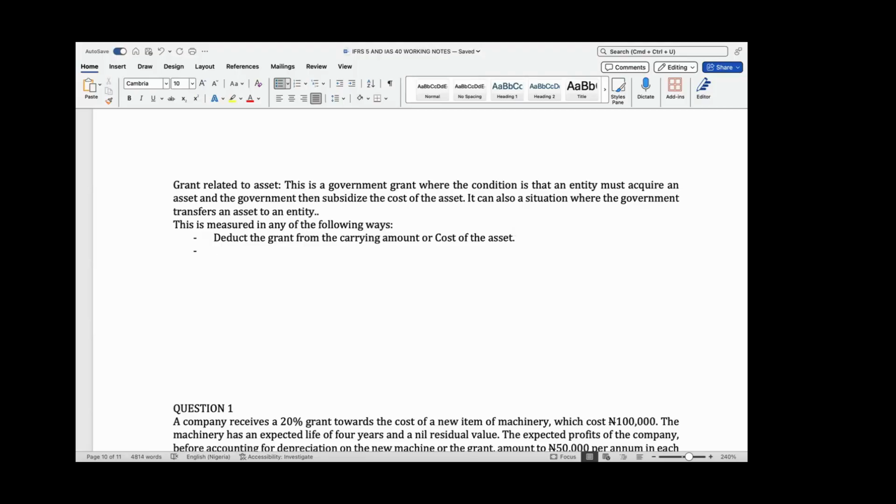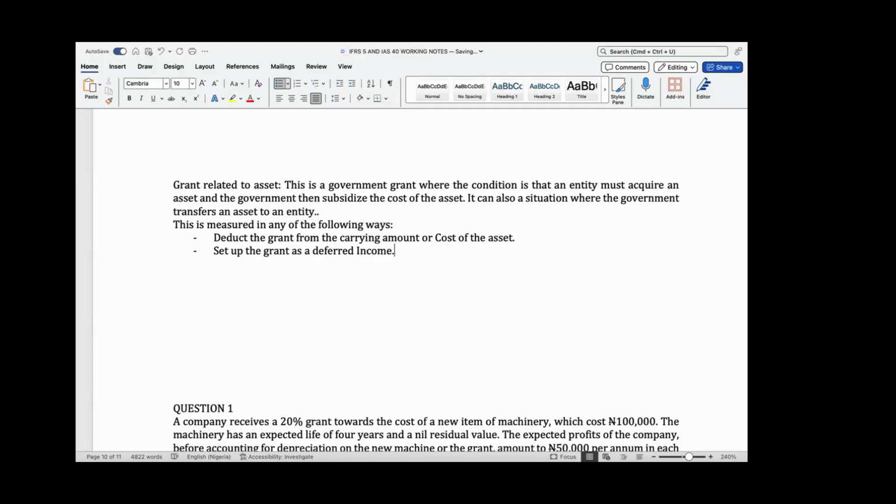Number two, you can also set up the grants as a deferred income. That's for grants related to assets. These are the ways you can measure it.